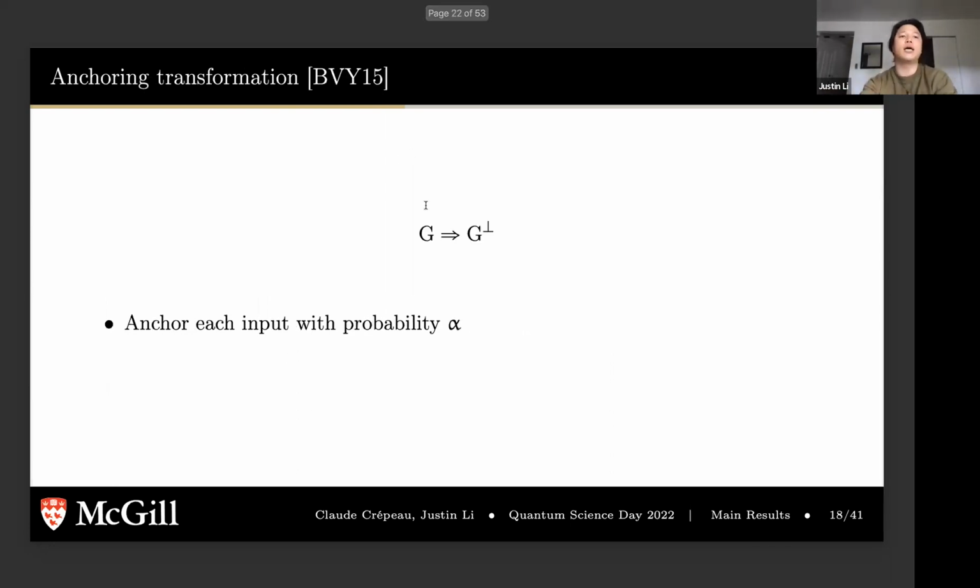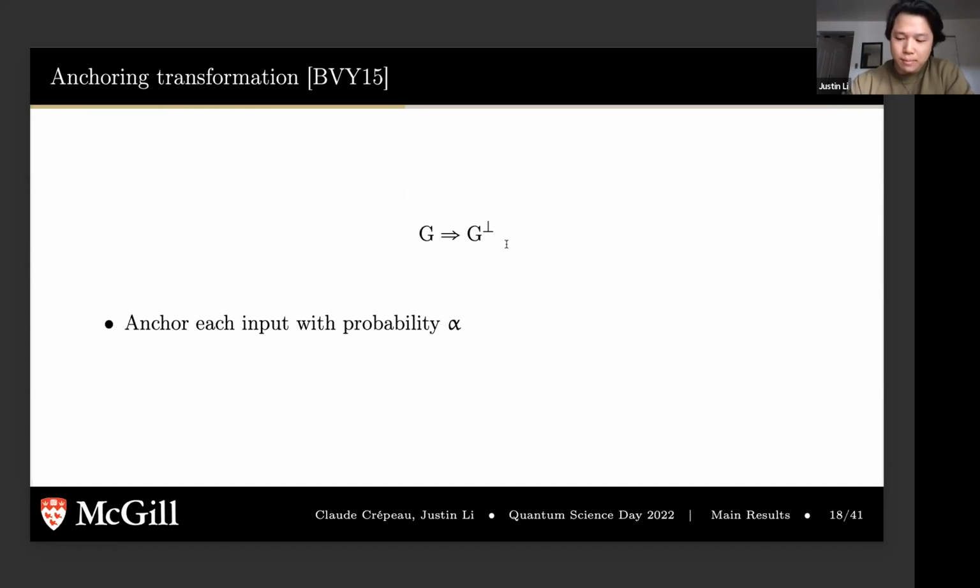And then next, I'll talk about the anchoring transformation, which is from a paper. This is a relatively easy transformation for a non-local game. What they do is that the verifier, each time he samples, basically checks the set of all possible inputs for the players.